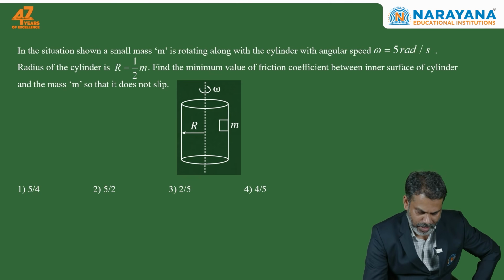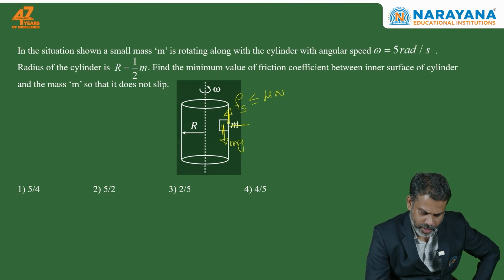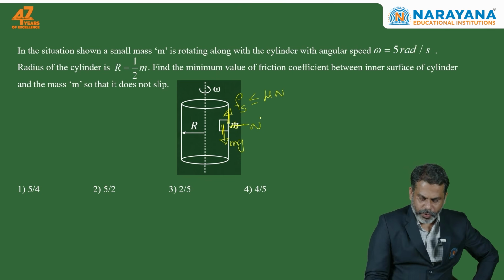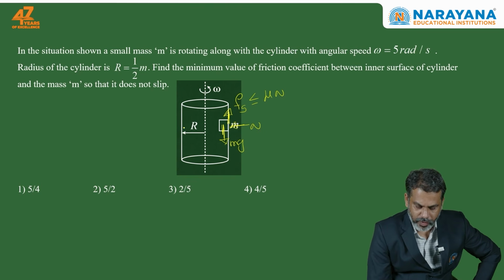See, it's a vertical cylinder. That means there is gravity mg acting, so it has to be held by the friction. What kind of friction? Static friction. Static friction range is less than or equal to mu N. Now if you see from the ground frame point of view, it's actually revolving in a circle with the radius r along with the point on the cylinder.